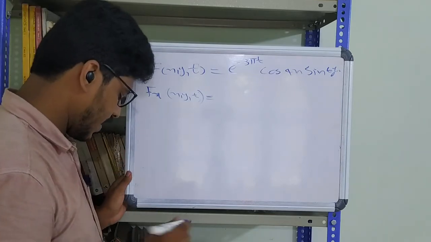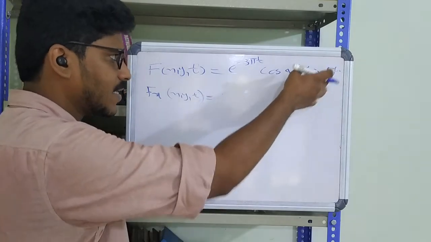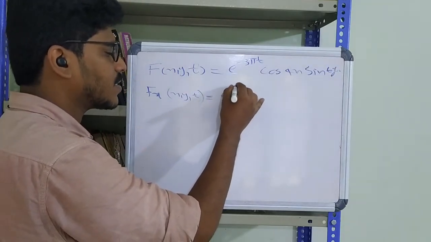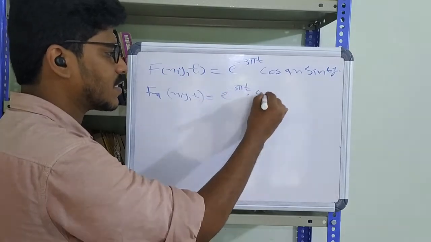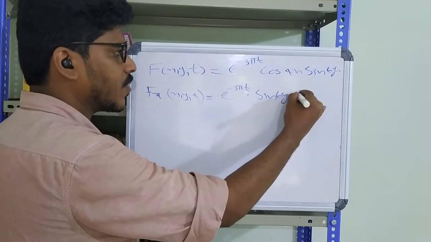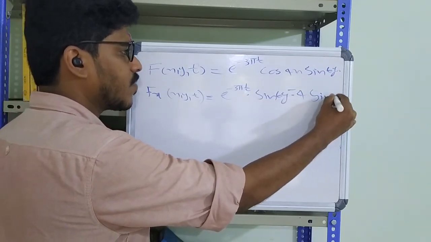So f_x will be, let's take the constants out first, e raised to minus 3πt into sin 6y into minus 4 sin 4x.